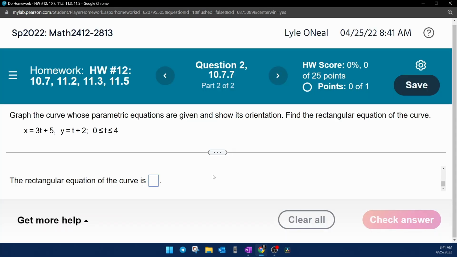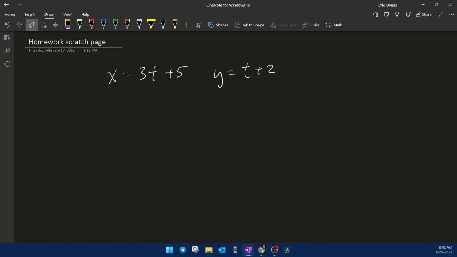And the next thing we're going to have to calculate is the rectangular equation of the curve. So back to the scratch work. Now, in order to get from parametric to rectangular equation, we're going to take one of these two equations and solve for t, and then use substitution. Apparently, this second equation is going to be the easiest to solve for t.